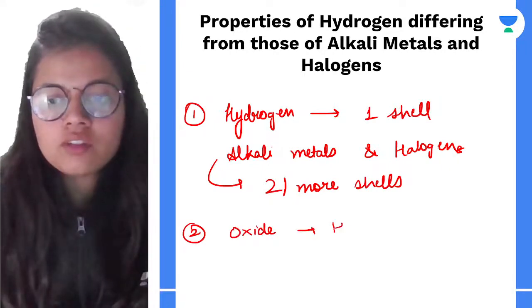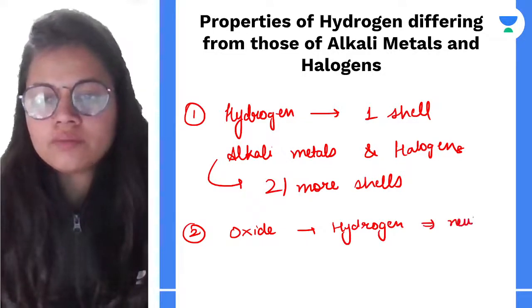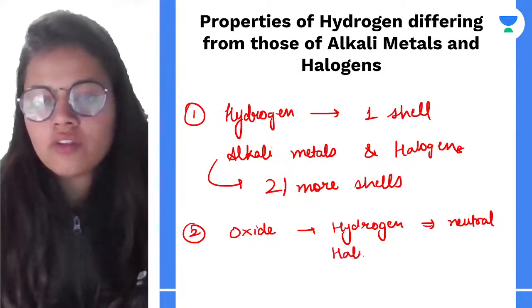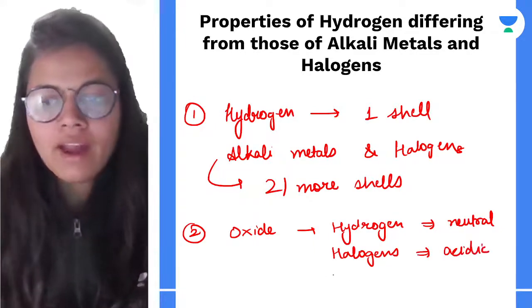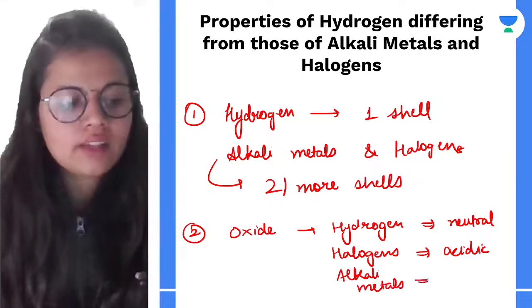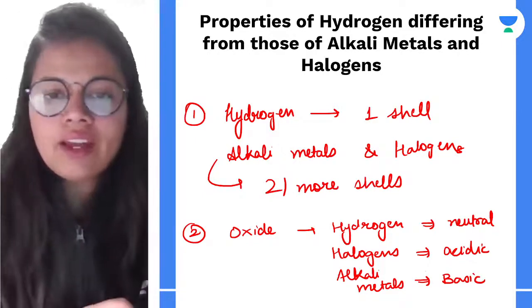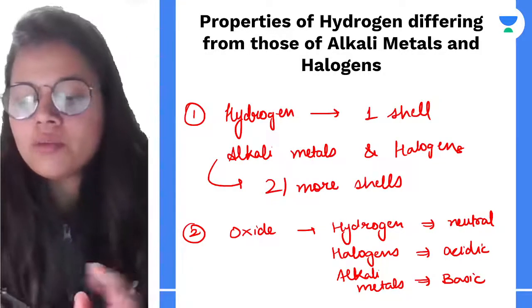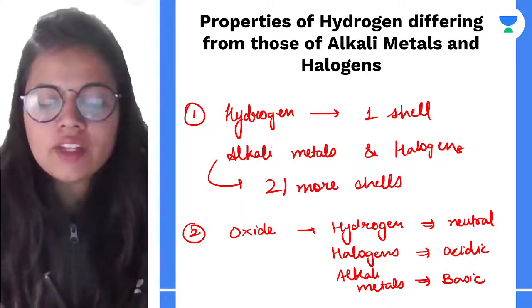The oxide of hydrogen is a neutral oxide, water. But the oxides of halogens are acidic, and the oxides of alkali metals are basic. So these are the two differences that we can find between hydrogen and alkali metals and halogens. I hope that these things are very much clear to you.